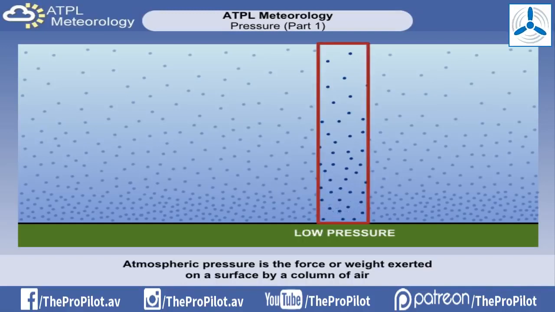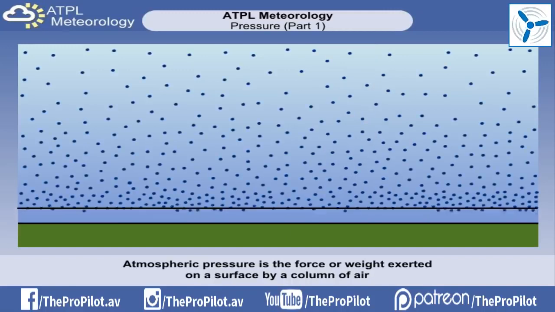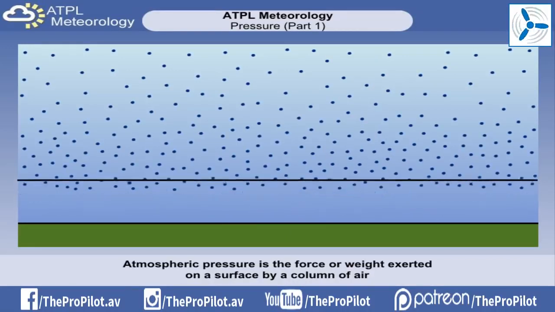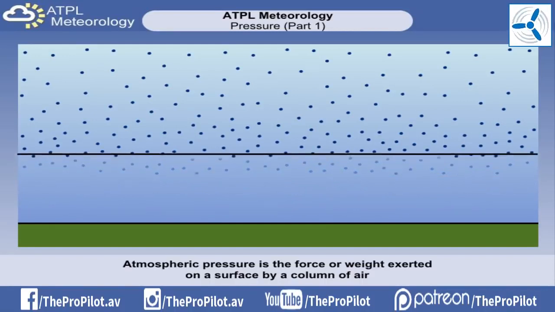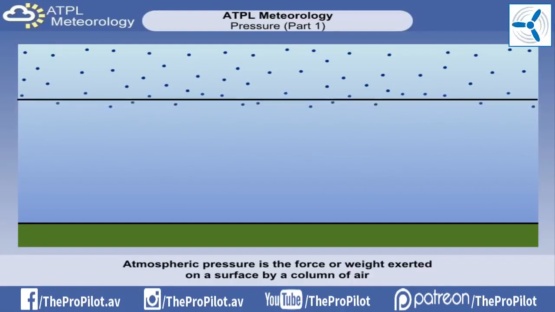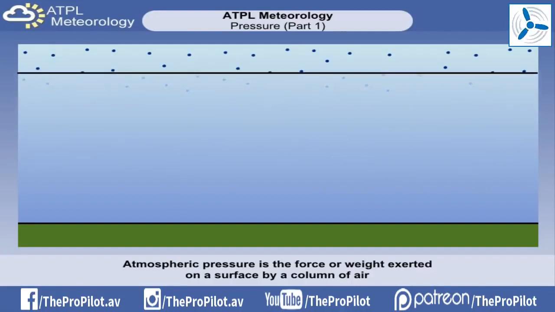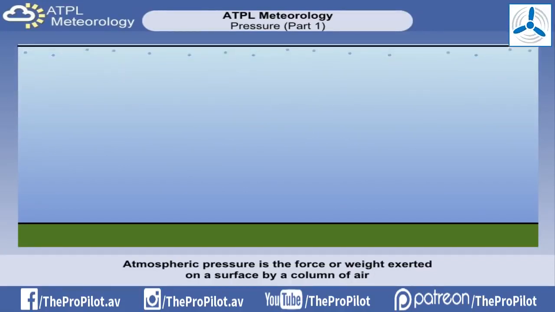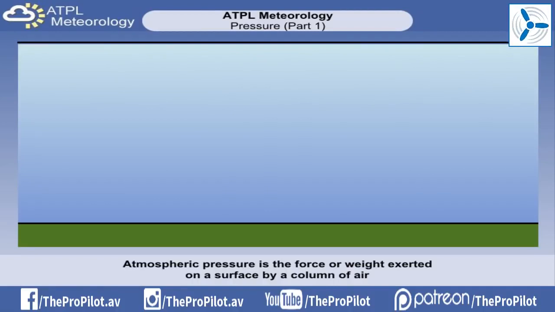The less air in the column, the less the pressure will be at the surface. The higher and higher we go in the atmosphere, the total amount of air overlying us decreases. Therefore, the less the weight of air above, the less the atmospheric pressure. So, pressure decreases with altitude.